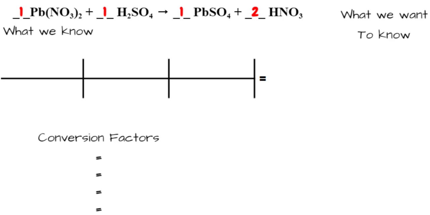How many moles of nitric acid will be produced if 125.6 milliliters of 1.5 molar sulfuric acid is allowed to react with an excess of lead-2 nitrate?